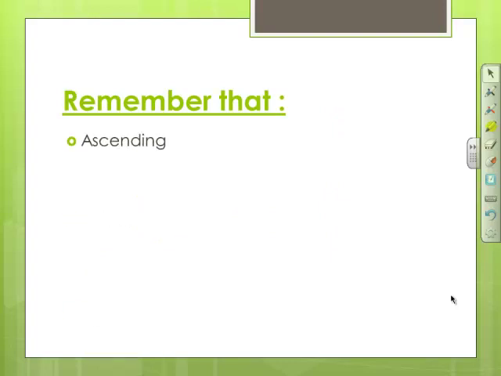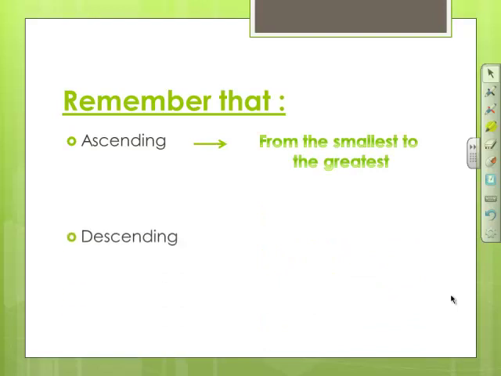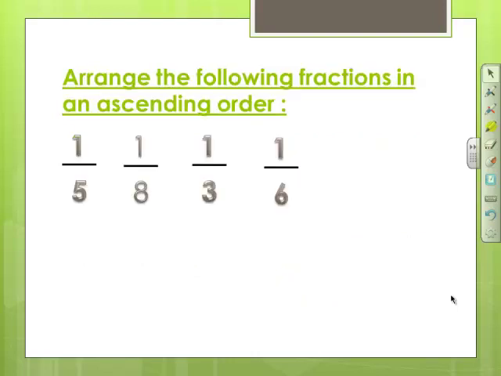Remember that ascending means from the smallest to the greatest, and descending means from the greatest to the smallest. Arrange the following fractions in an ascending order. Here we have the fractions 1 over 5, 1 over 8, 1 over 3, and 1 over 6.